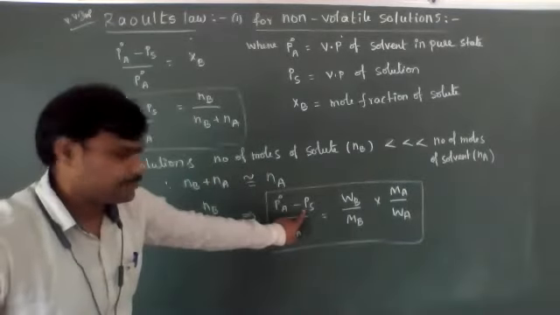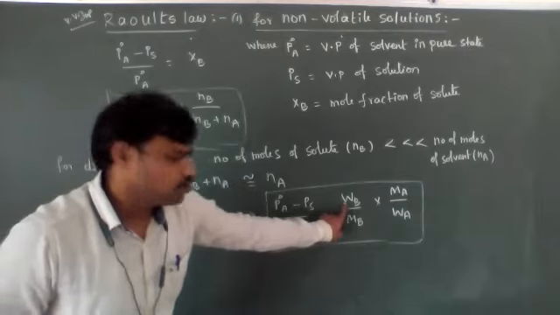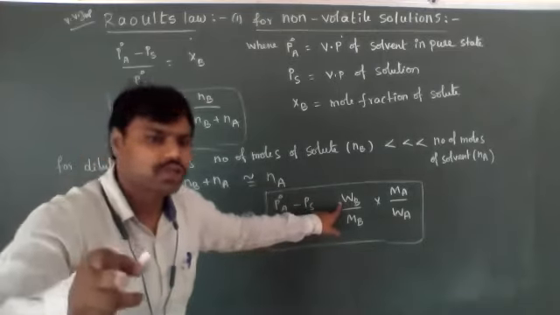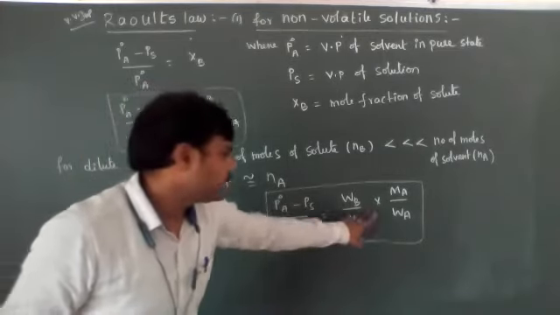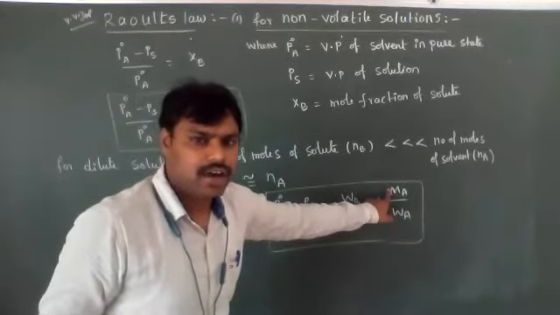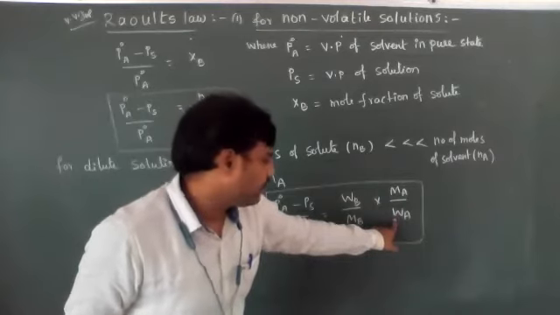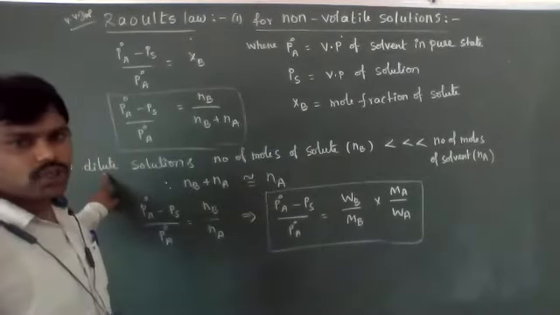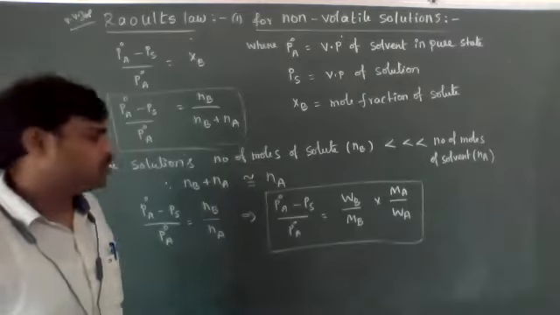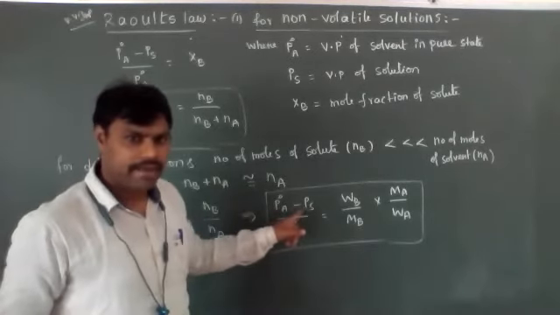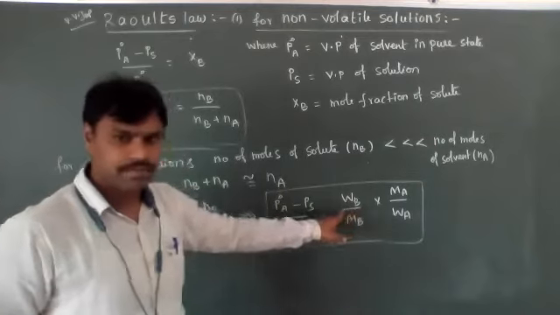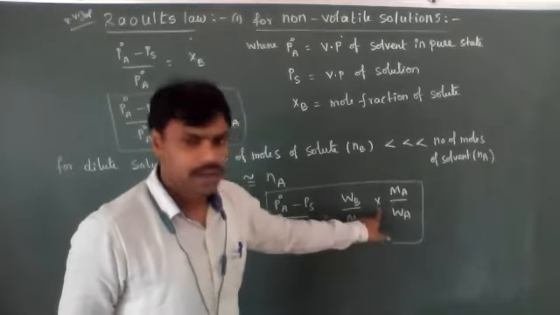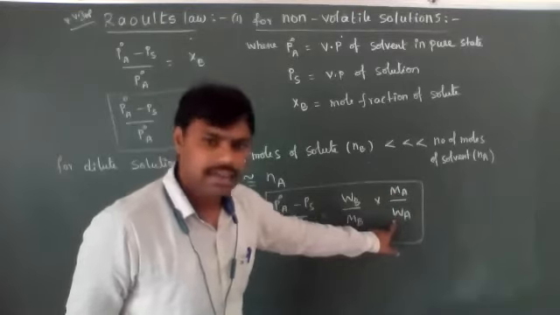(P naught A minus PS) by P naught A is equal to WB by MB, weight of solute divided by gram molecular weight of solute, into MA, gram molecular weight of solvent, divided by weight of solvent.